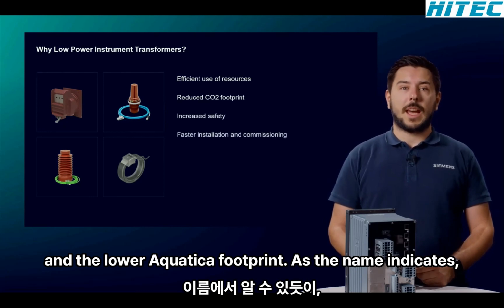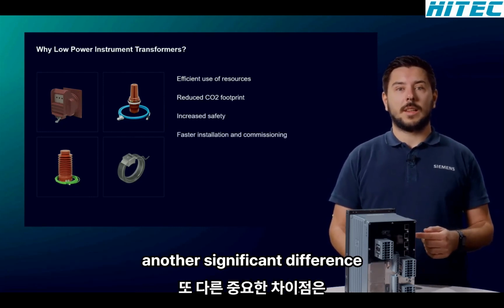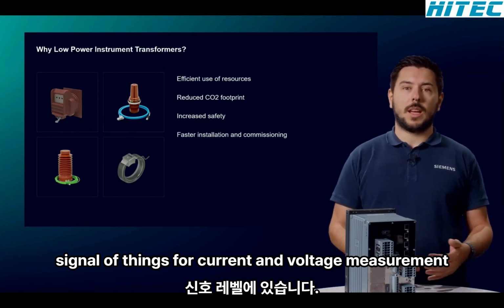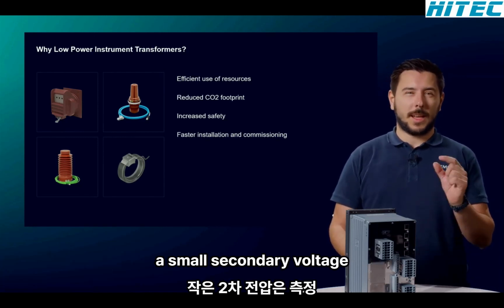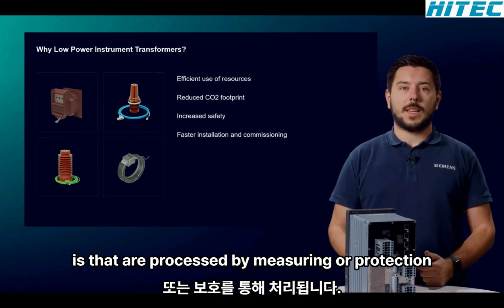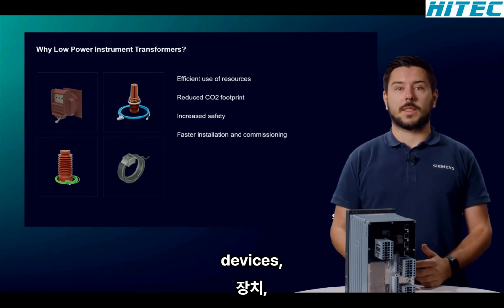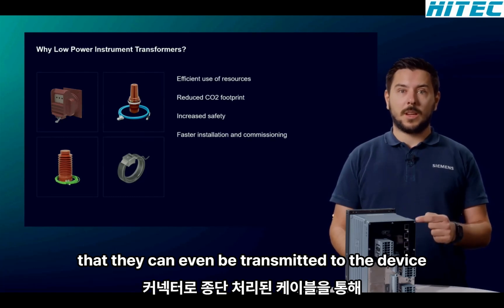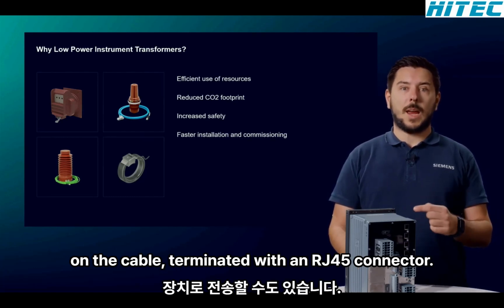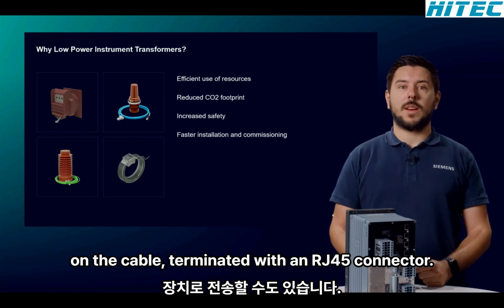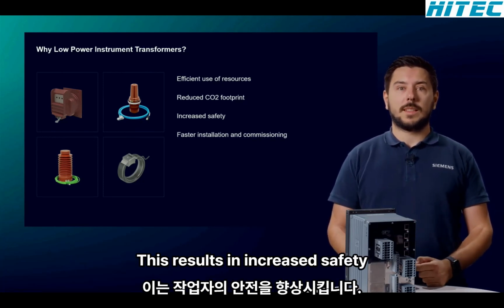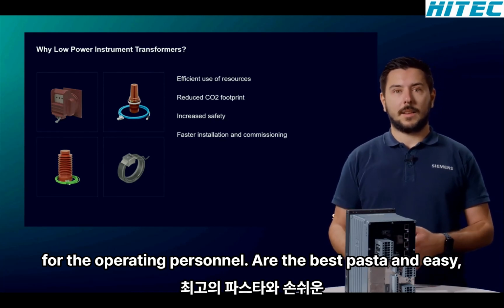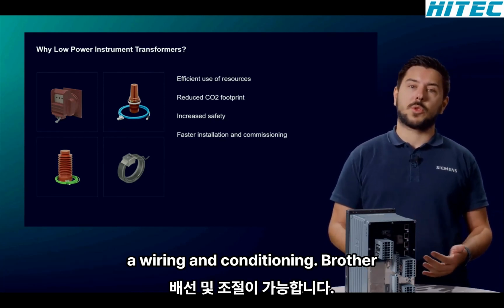As the name indicates, another significant difference lies in the level of the output signals. Both signals for current and voltage measurement are small secondary voltages that are processed by measuring or protection devices. They are so small that they can even be transmitted to the device on a cable terminated with an RJ45 connector. This results in increased safety for the operating personnel, as well as faster and easier wiring and commissioning.